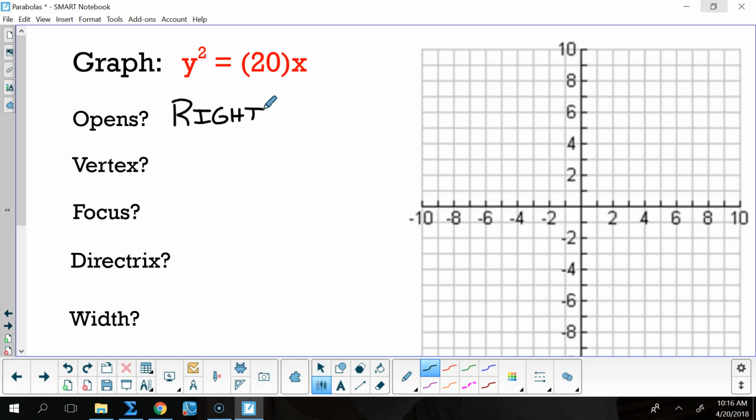Okay? Where is the vertex? At the origin, because there's nothing being subtracted from the x, and there's nothing being subtracted from the y. So the vertex is at the origin.